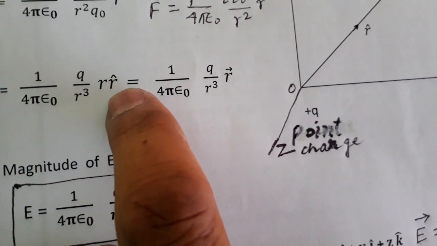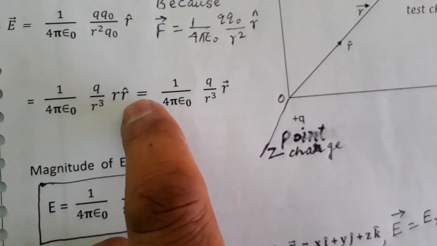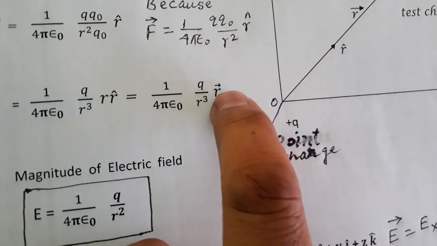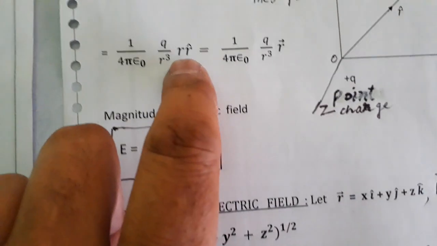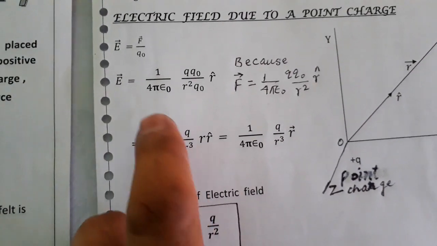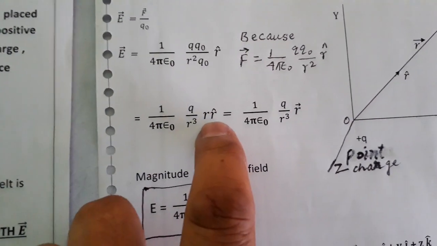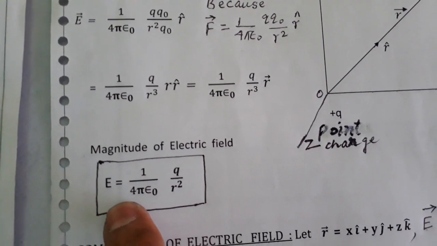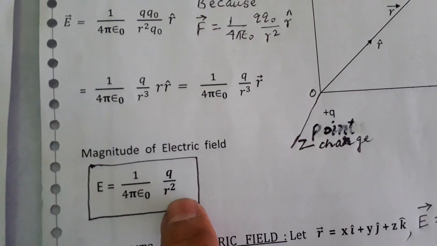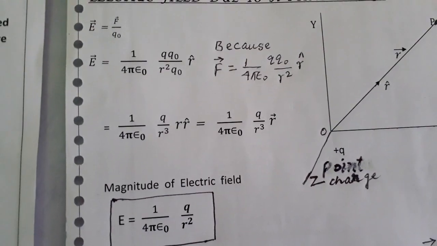Unit vector r hat is a unit vector along the direction of the vector r. So from this equation we can write the magnitude of electric field. Magnitude of electric field will be E equal to 1 by 4 pi epsilon naught Q by r square.